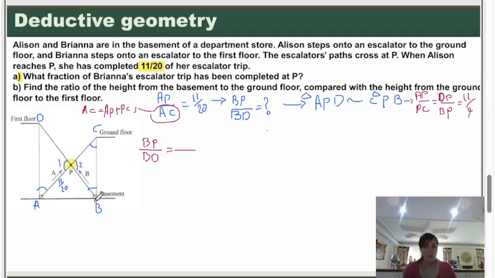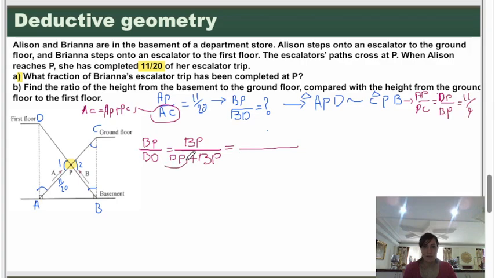And we know BD equals DP plus BP. So I substitute and write all of them in one variable, which is BP. So DP equals 11 over 9 BP.